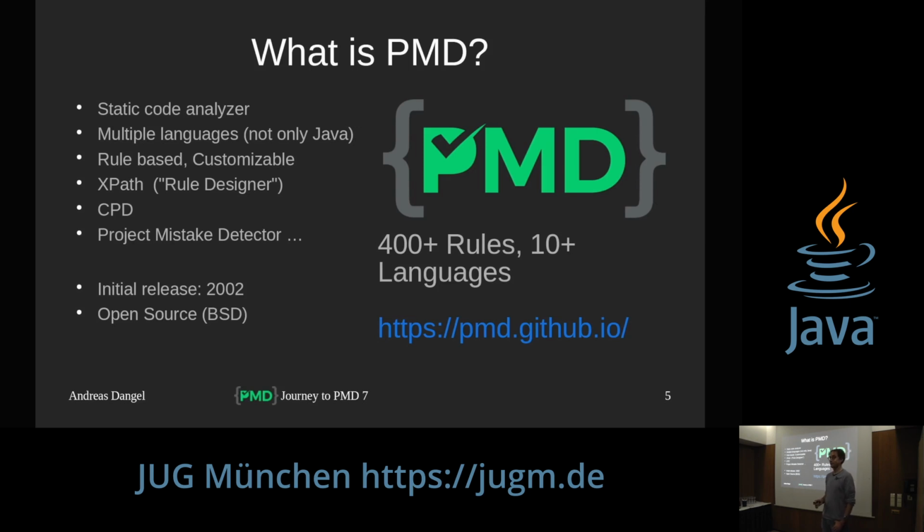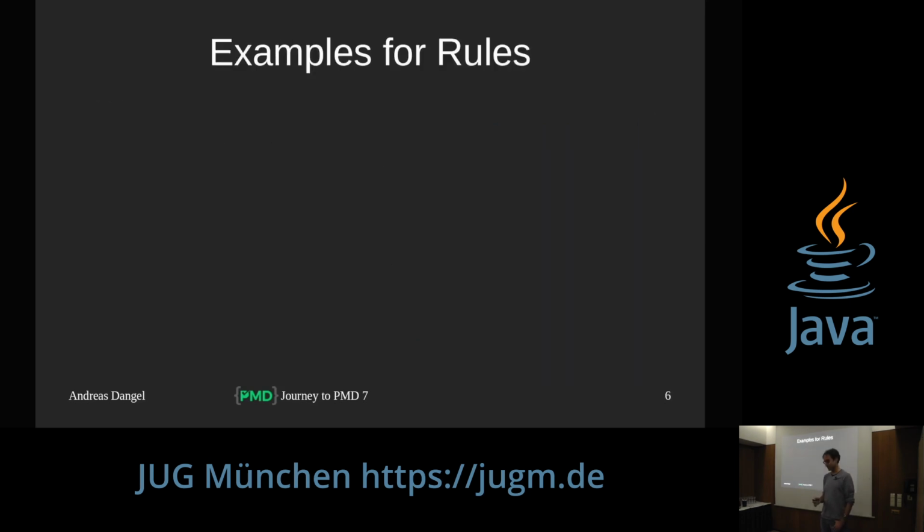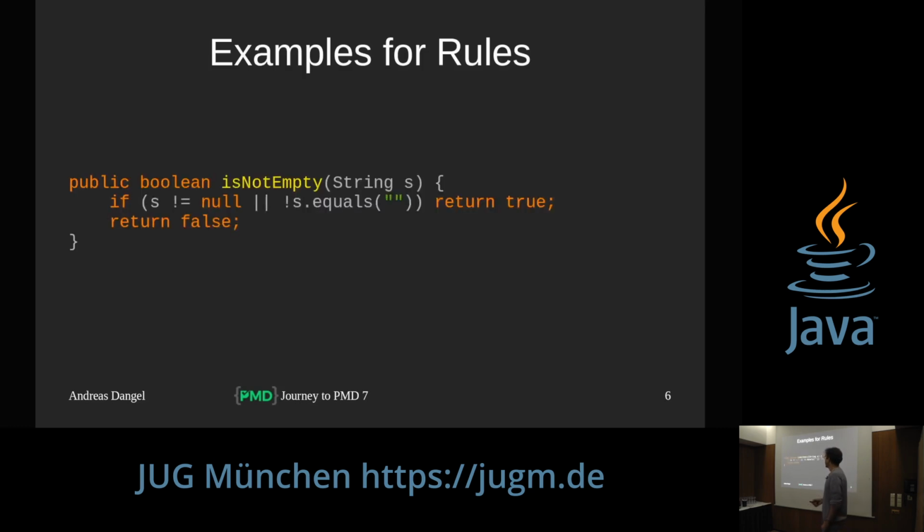But first, some simple examples. How can it help you for your project? So some basic examples of what it can detect. In this code, the developer tried to do something when S would be null, but there is a problem.